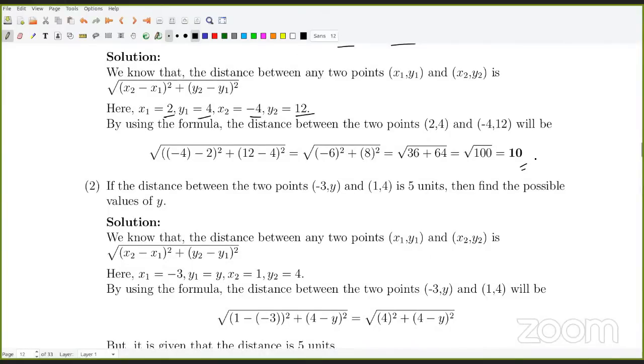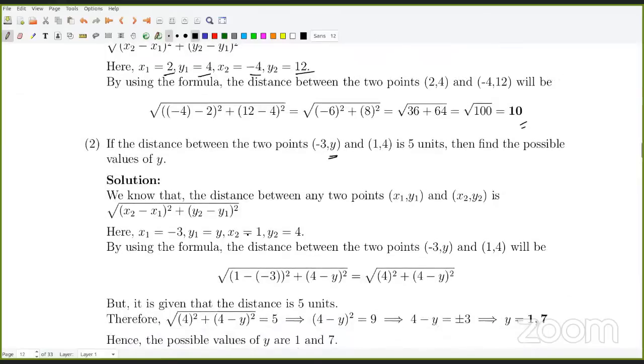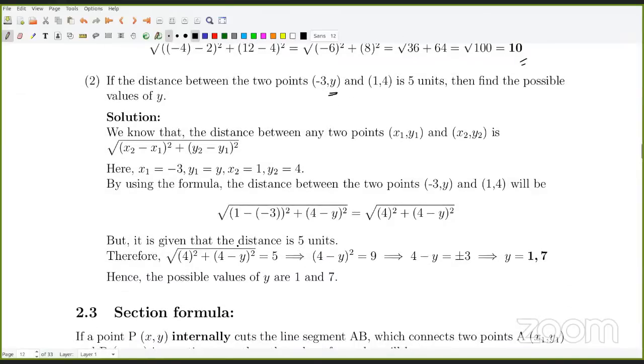Or the questions can be like, if the distance between the 2 points is 5 units, and we will give you some variable inside the point, either the y coordinate or the x coordinate we won't give you, but we have given you the distance here. So we know x1, x2, y2 and also the distance. So you just substitute in the given formula.